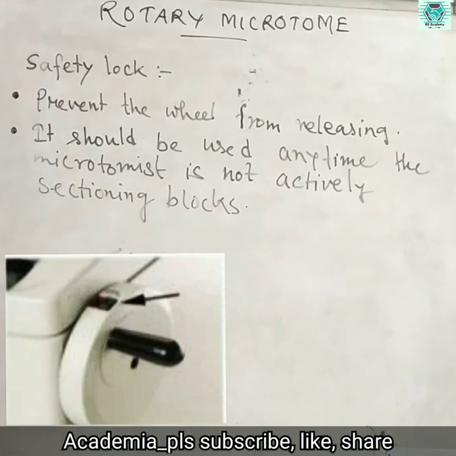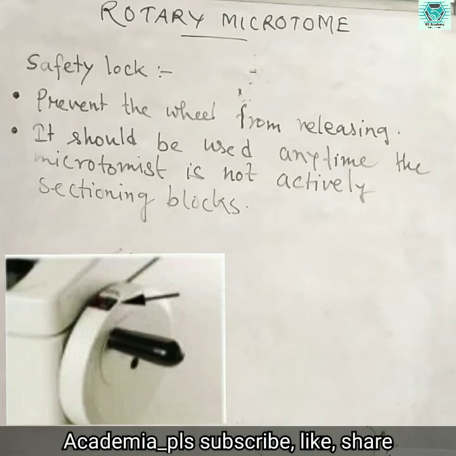Everybody who is dealing with the microtome should be aware of the safety lock. After the working, they should lock the microtome. Otherwise, if the block is attached to the microtome, there will be an easy cut, or the section or the block can be damaged.